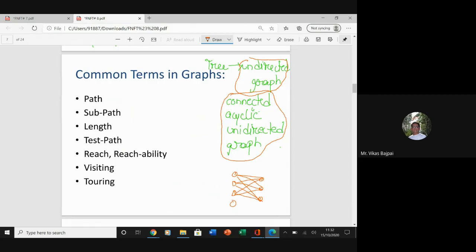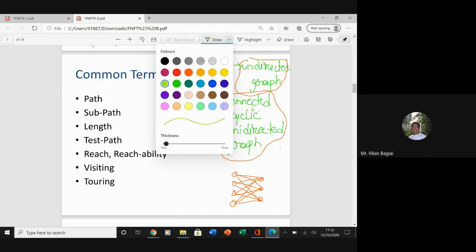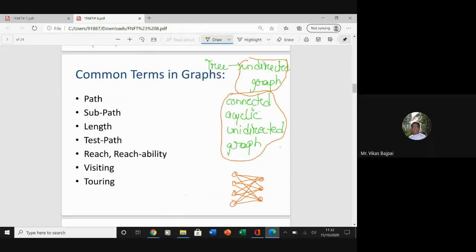In a bipartite graph, the vertices can be divided into two disjoint sets, say set A and set B, such that every edge connects a vertex from A to B.